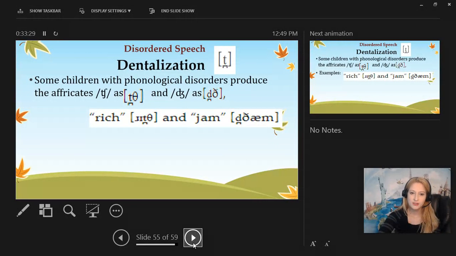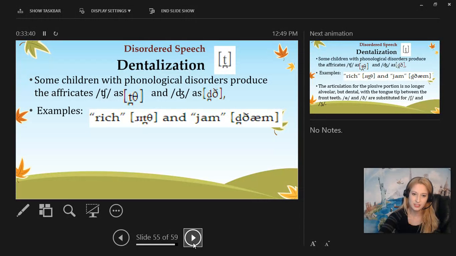And some children with phonological disorders produce the affricates ch as th and j as z. And you can see some of the examples right there.